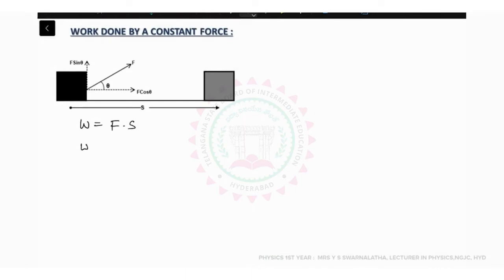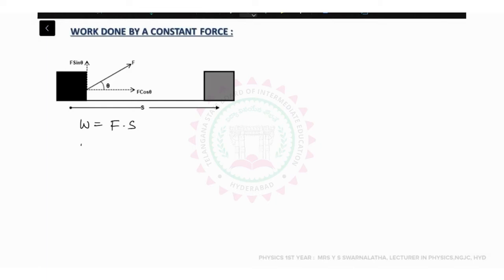Work done in any general case is understood as the dot product of force and displacement. W is equal to F dot S and W is equal to Fs cos theta. So what I'm doing here is I'm resolving this force vector into two components. That is horizontal component as F cos theta and vertical component is F sin theta.